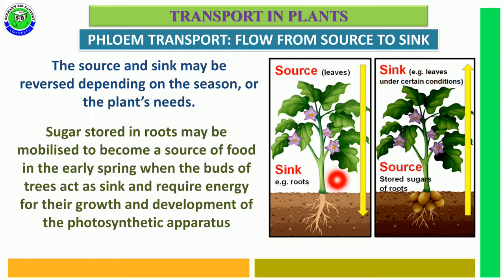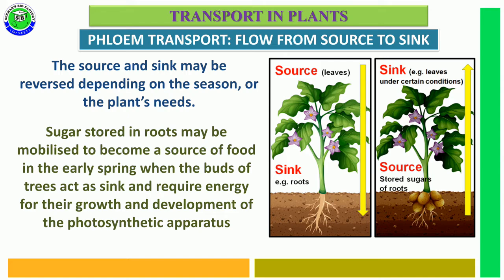But depending upon the season, at the early spring season, all leaves fall down in a tree. At this time, the stored food materials present in the root act as a source, and newly developed leaves and buds act as a sink, so the relation between source and sink changes depending upon season and needs.